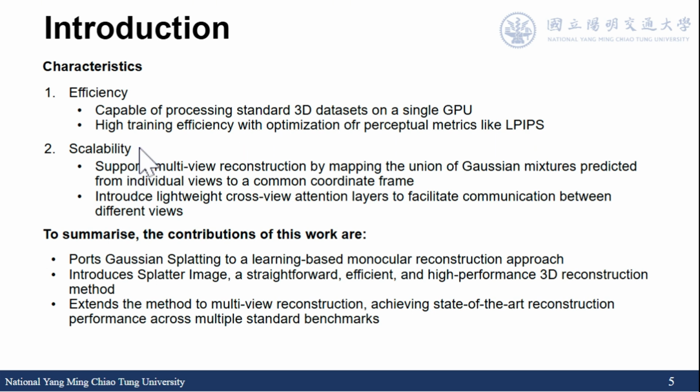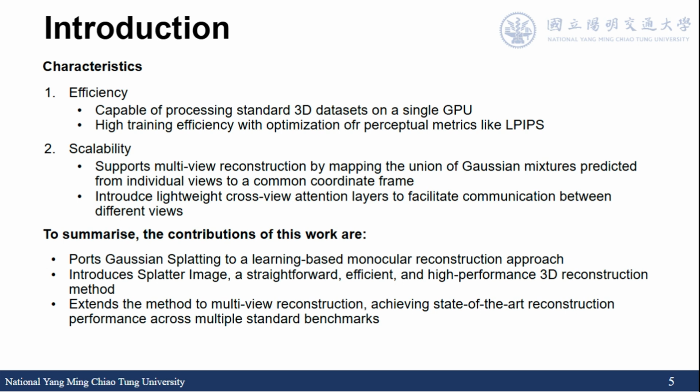Second, it offers excellent scalability. The method supports multi-view reconstruction by combining Gaussian mixtures from multiple views into a common coordinate frame. Additionally, lightweight cross-view attention layers enable effective communication between different views, further enhancing performance.